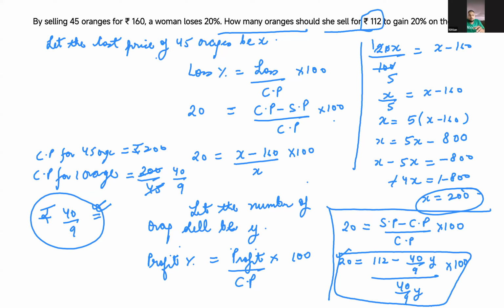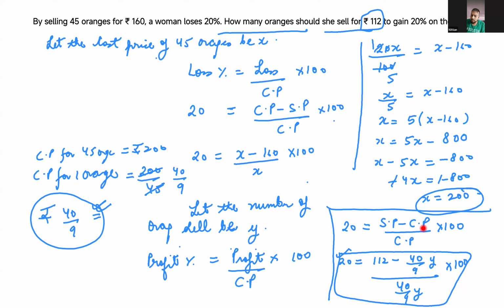See, we don't know the number of oranges, but it is given that she sells for 1112. When she sells for 1112, she gets a gain of 20%. So we know that profit percentage is equal to profit upon CP into 100. Profit can be written as SP minus CP.